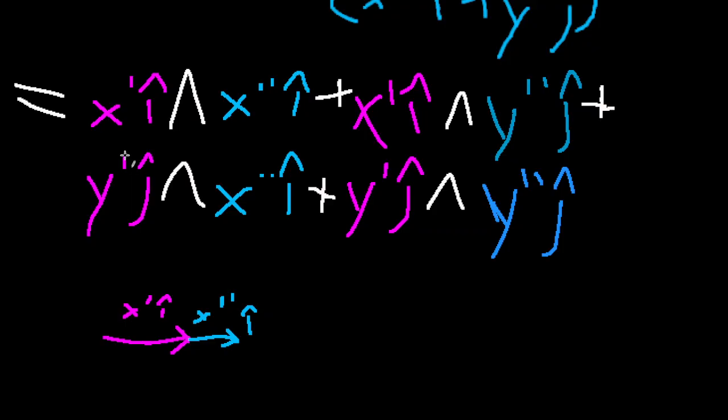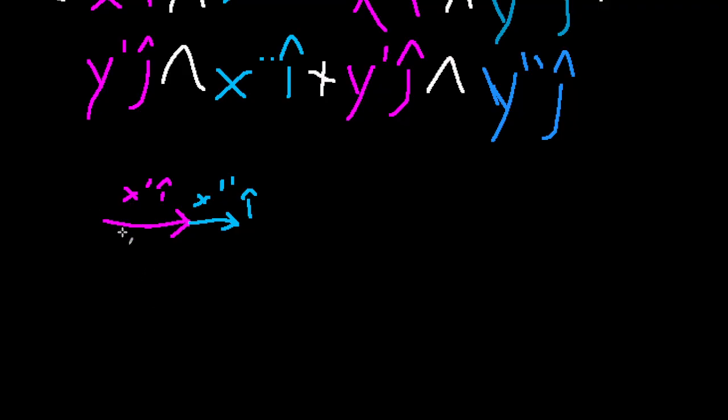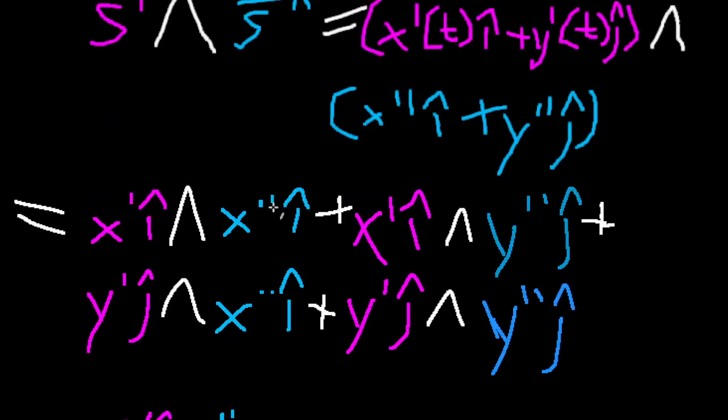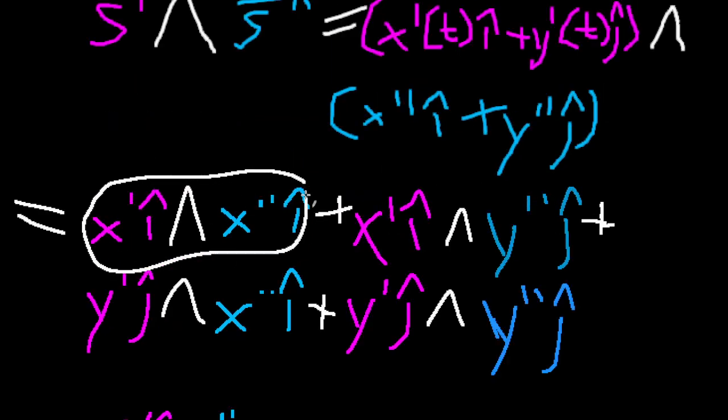Well, the answer is you have to look at the parallelogram that these two span. But as it turns out, since they're pointing in the same direction, there isn't really a parallelogram here. So what we say is, in this case, that the wedge product of these two vectors is 0.